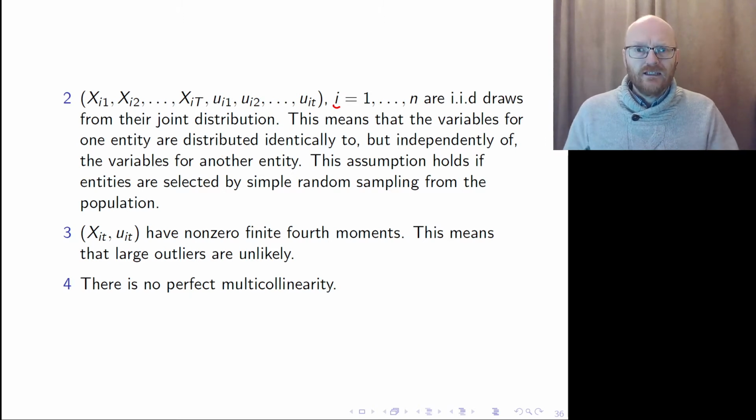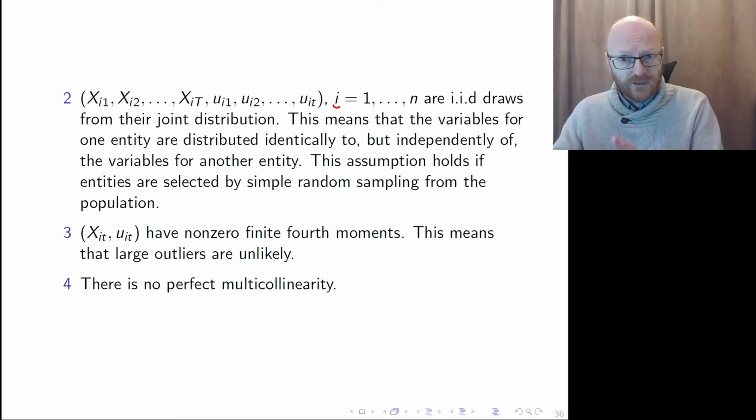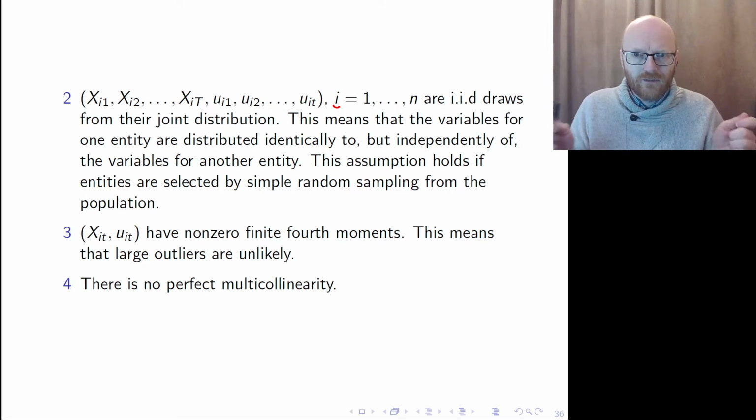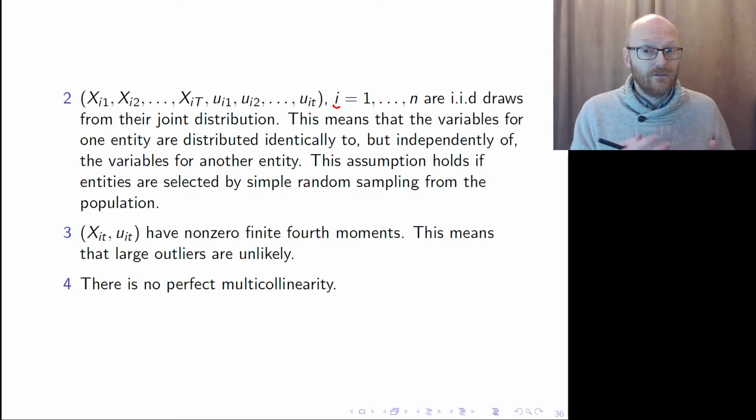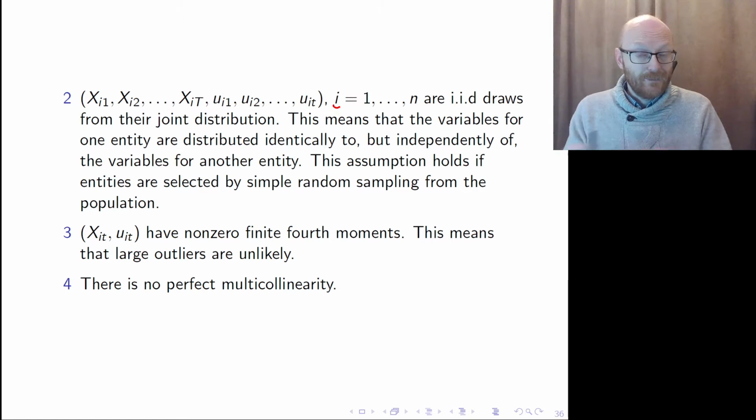So this means that if we take some simple random sampling, so we don't just take a subgroup of the population and sample from this, but we sample randomly from the whole population, then we would get a simple random sample in which the draws are independent of each other and they are identically distributed.